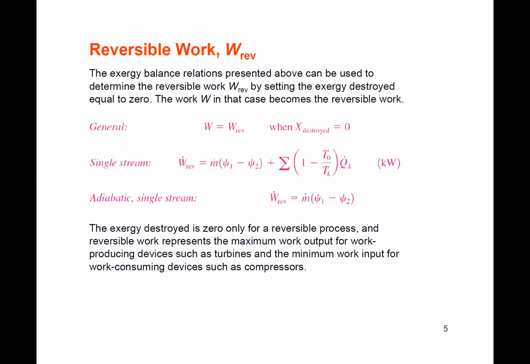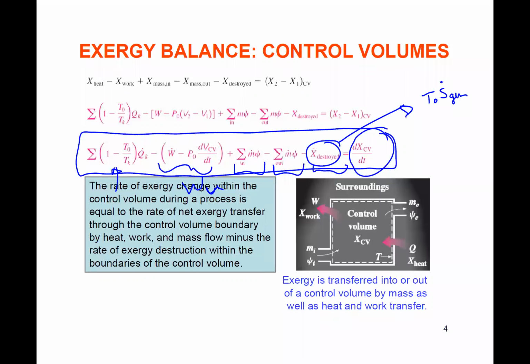We have reversible work. That's where we took this whole section, made it work reversible, and then we set X destroyed equals 0. So this was not what is actually happening in our system, but more of a theoretical: what would that reversible work be to do the same process from 1 to 2?